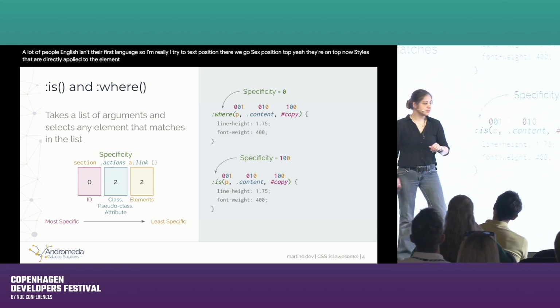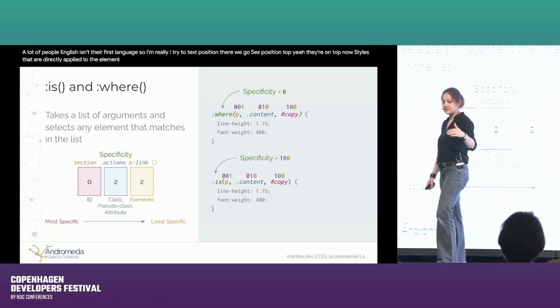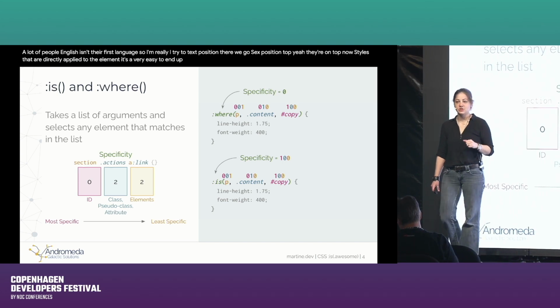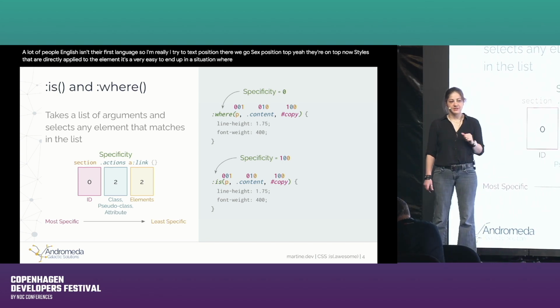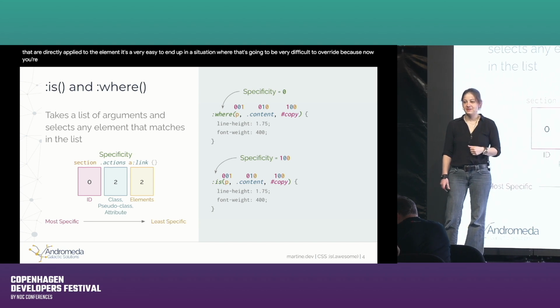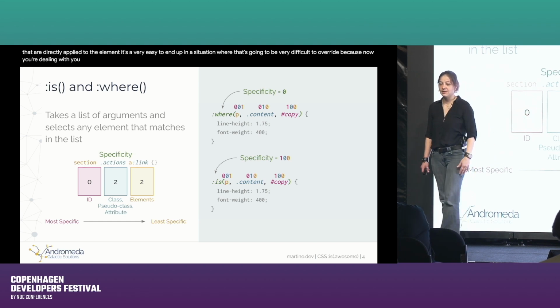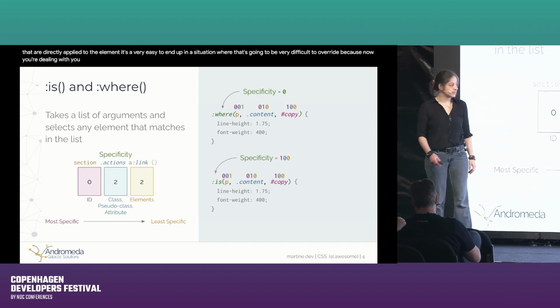So it's very easy to end up in a situation where it's very difficult to override, because now you're dealing with specificity. As soon as you have an ID in there, for example, it's going to be a very high specificity, and you're going to have a hard time writing anything else against it afterwards.